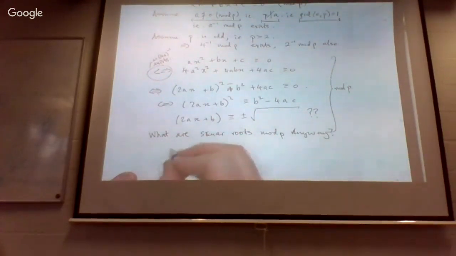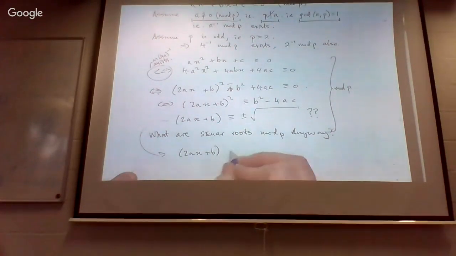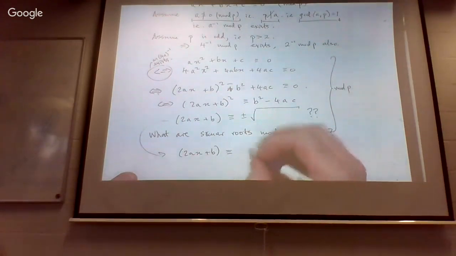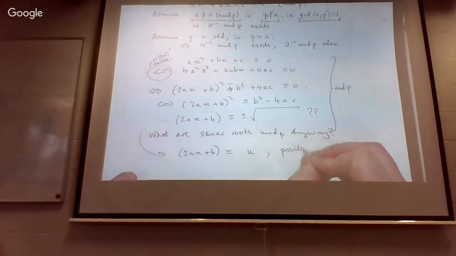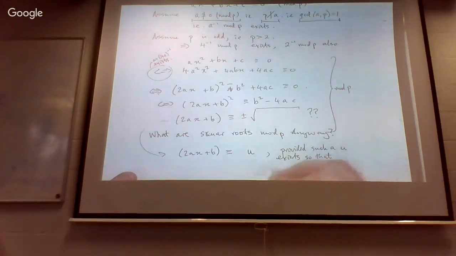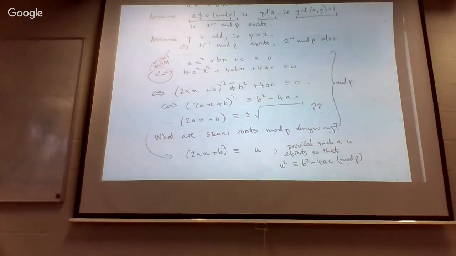So we could say, we could move here and say that 2ax plus b was congruent to u, provided such a u exists, so that u squared is congruent to b squared minus 4ac modulo p. That's what we're asking for.